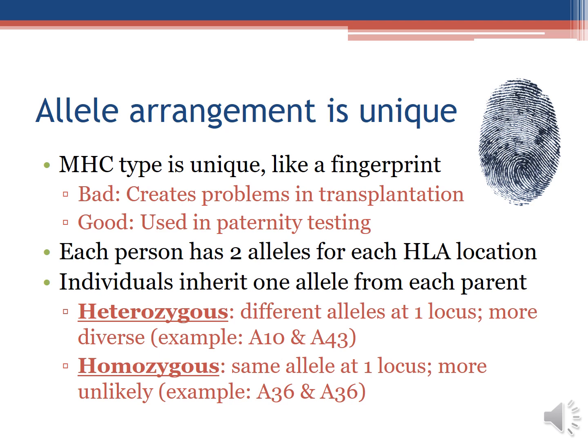But if we have the same allele at the A locus, A36 from our dad and A36 from our mom, then we'd consider this to be homozygous. This is highly unlikely, but it has happened. It's a very small chance.